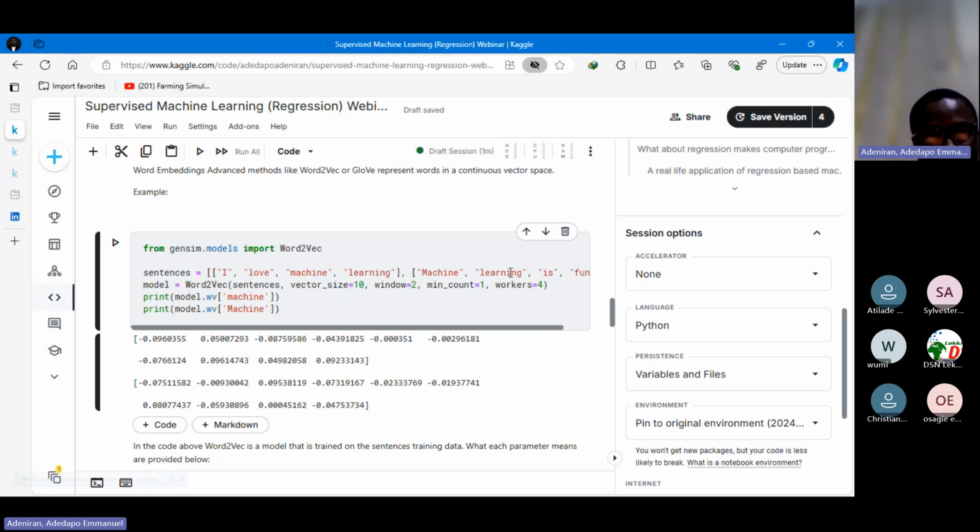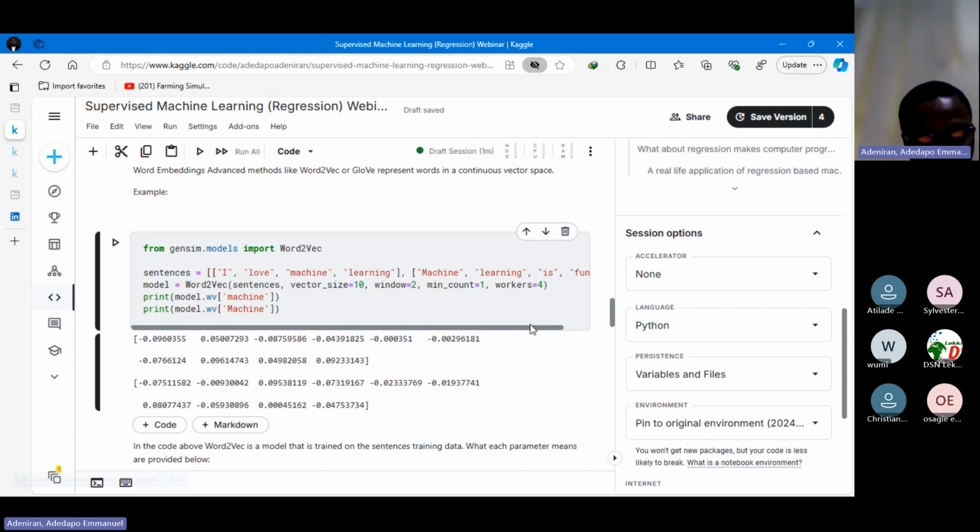In real life, the dataset will be very, very large and the machine will be able to know the relationship between different words. Just like we as humans understand the meaning of words, we have a semantic understanding of how words are related to each other.